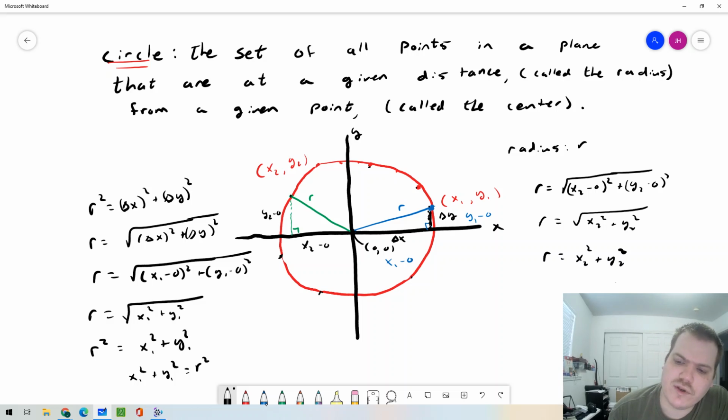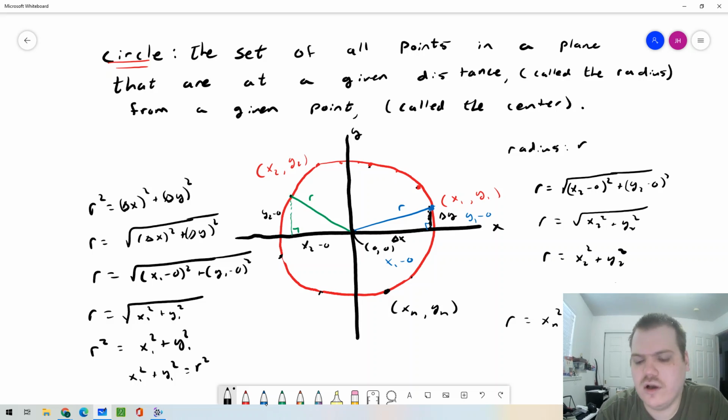And in fact, if I picked any point, if I picked this point and called it xn, yn, and did the same thing, you would get r squared is equal to xn squared plus yn squared by the same argument, because if I take that from 0, 0, I would have that general distance. So in general, we just let x, y be any point on that circle.